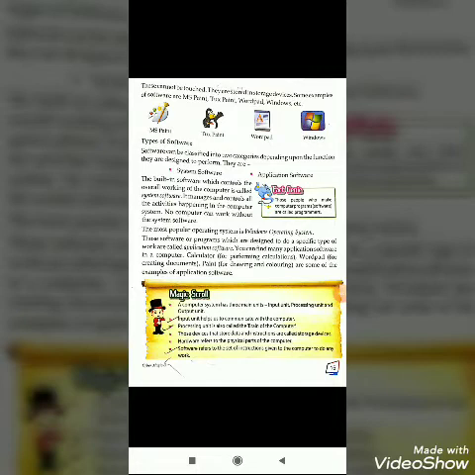Suppose MS Paint is not in your computer, then how will you paint? You cannot do the work without this software.